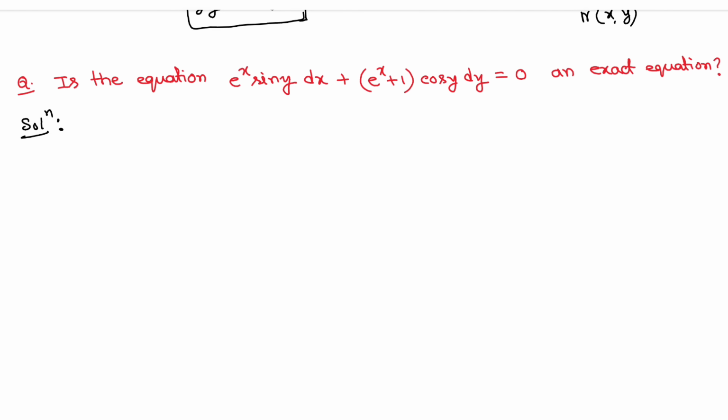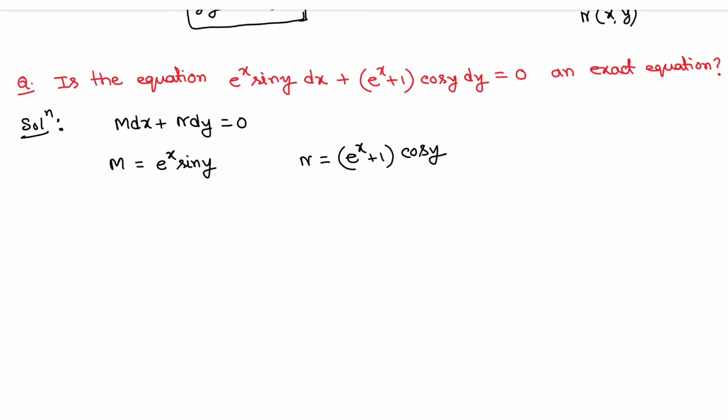If I compare with the general form m dx plus n dy equals to 0, what is m? M means the coefficient of dx and n means the coefficient of dy. So m equals e to the power x sin y, and n equals e to the power x plus 1 into cos of y.